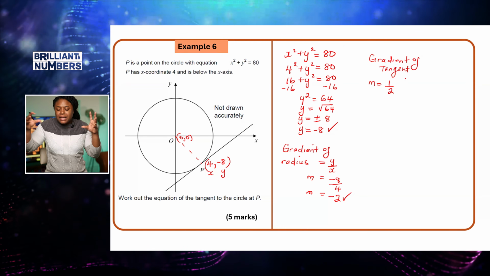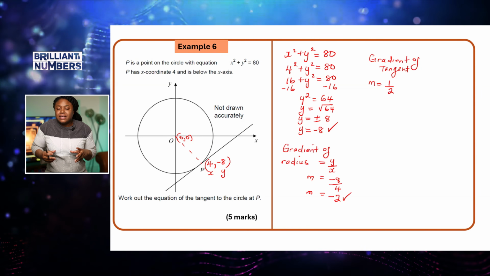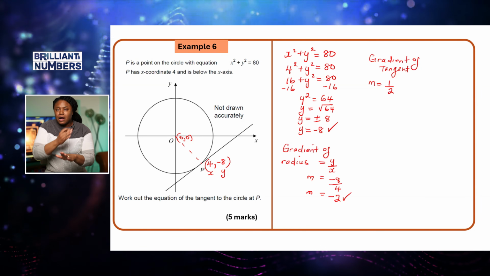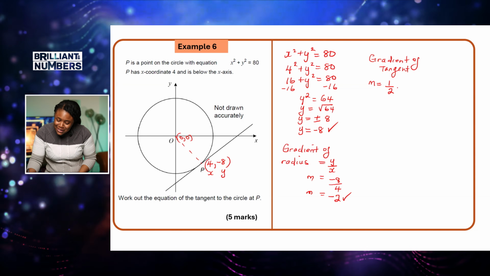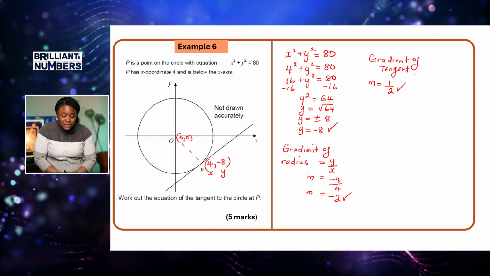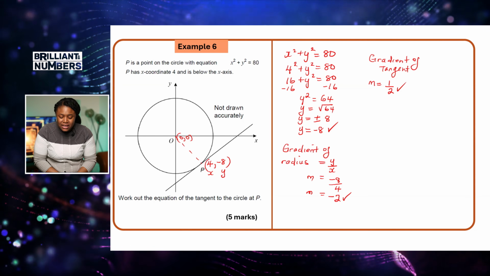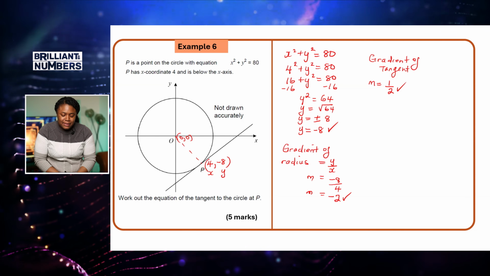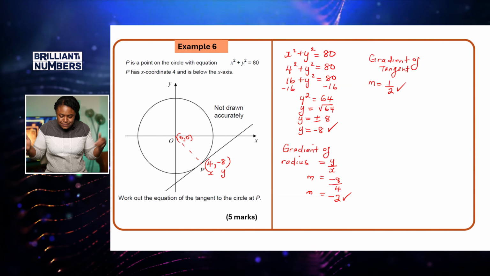Remember, when I multiply the gradient of my radius and my tangent, I should get minus 1 because they are perpendicular. I've got the gradient of the tangent, so now I need to substitute the coordinates of P and find the y-intercept of the tangent, and then put that all together.